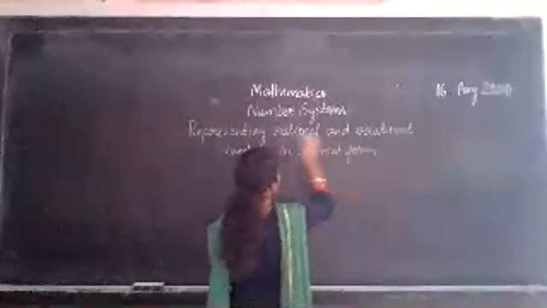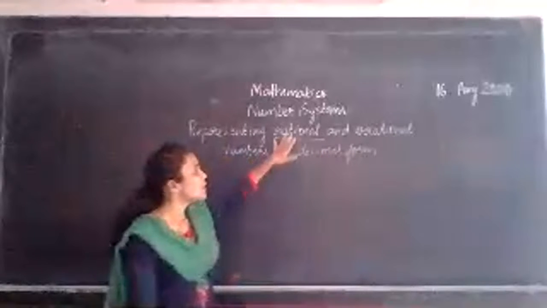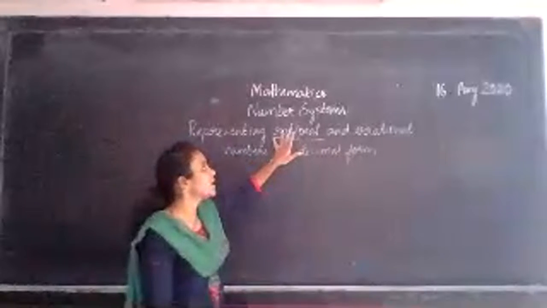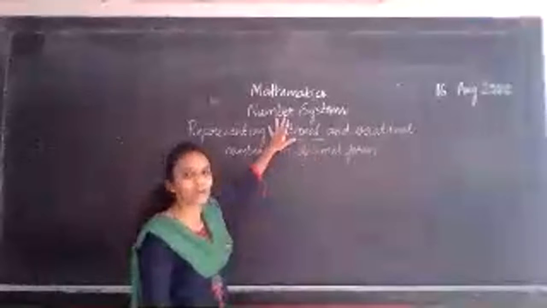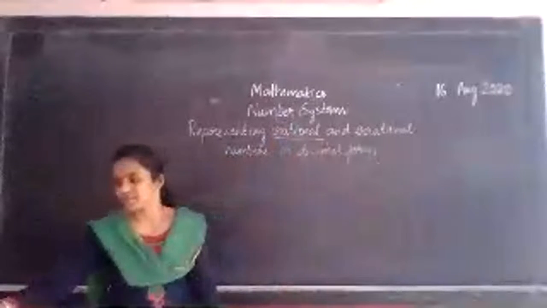Now, first I will be talking about rational numbers. I'll come to irrational later. In today's class, let us talk about rational numbers, and I'll just give you something about the irrational numbers.